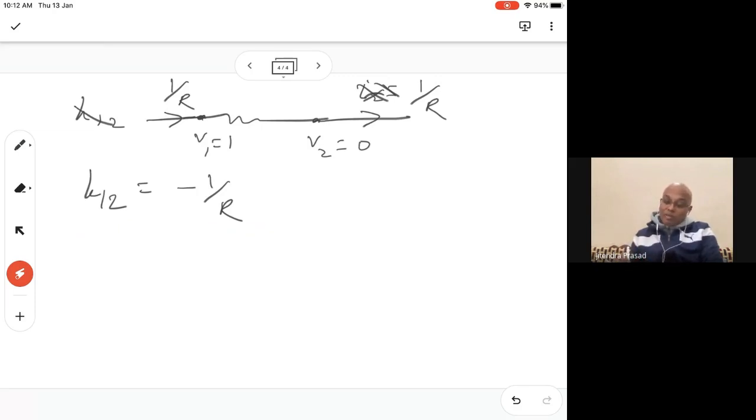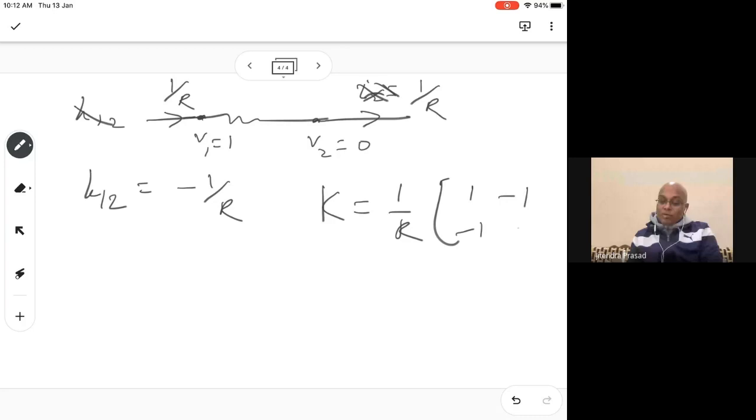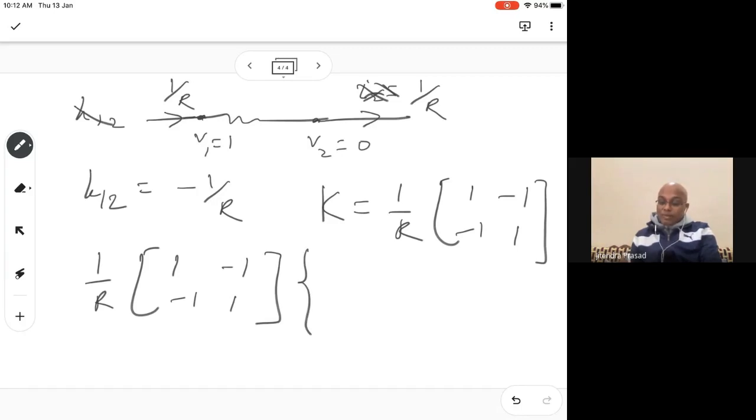Similarly, you can do the analysis for the other end. You fix this end, with V1 equal to 0 and V2 equal to 1, and you do the analysis and get the same values. So the equation you get is 1 over R times the matrix [1, -1; -1, 1], times [V1, V2], equal to [I1, I2].